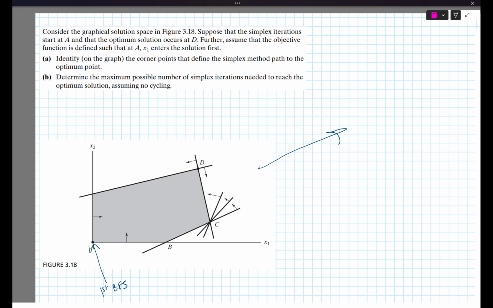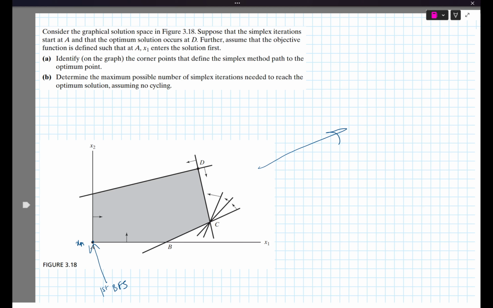What will be the simplex method path to the optimum point? It will move corner to corner, but I don't know whether it will be counterclockwise or clockwise. I'm also not sure. Like if we are here, how do we decide where to go?